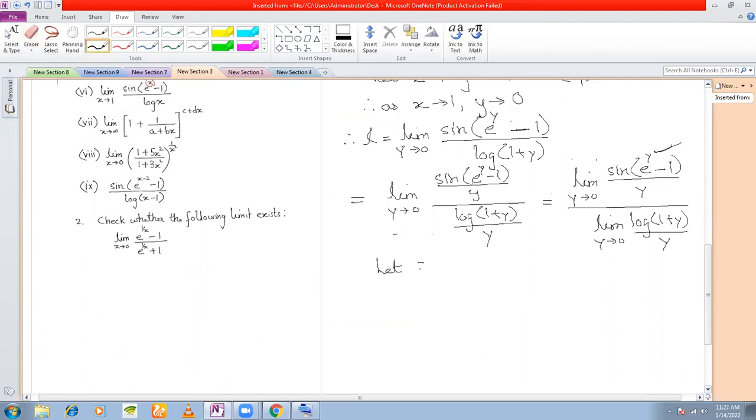So what I do is I say let z is equal to e to the power of y minus 1. Instead of dividing this by y, you can divide the numerator and denominator by e to the power of y minus 1.